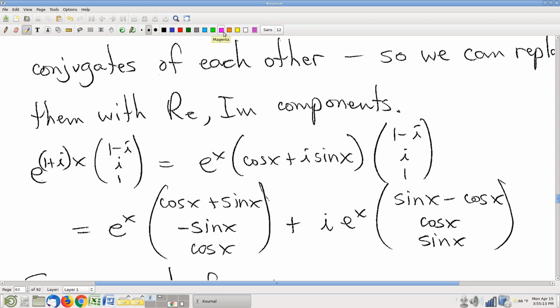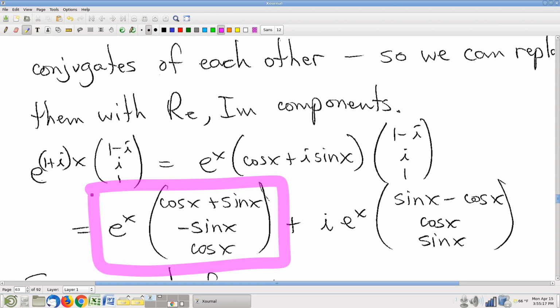Let's talk about how to find this real part from this product. Real comes from real times real. You also get real terms from imaginary times imaginary. Don't forget i squared is -1. It's really easy to mess up those minus signs. So real times real, imaginary times imaginary, that gives us our real part of our product.